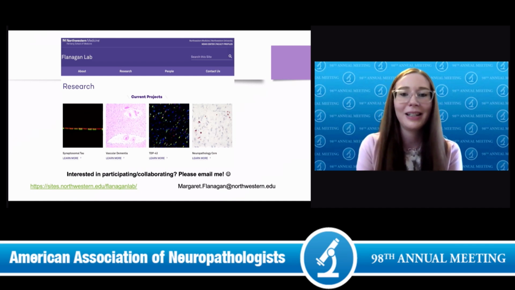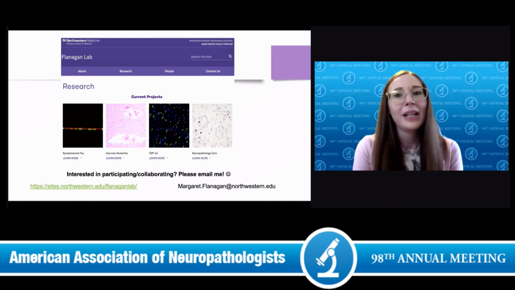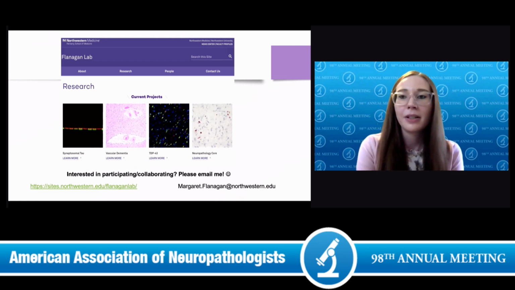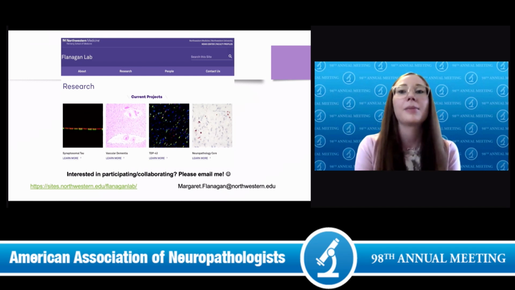So thanks. There's a question here: do you have an alternative to using a silver staining for plaques? Yes. So at Northwestern, we actually do thioflavin S staining. That's one alternative that's very cost effective, although you do need an immunofluorescence microscope.